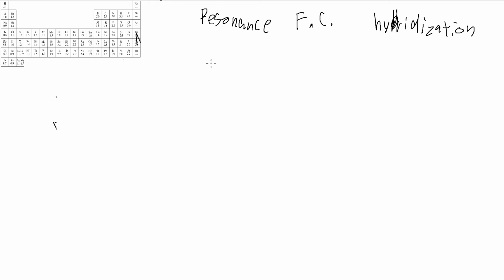So resonance, if you remember? Not all the bonds in some atoms are created equally. So if you have the nitrate ion, NO3 minus, you might remember that it looks a little bit something like this. But why does the double bond have to be on this oxygen? Why can't it be here or here? Well, it actually can be on all 3.